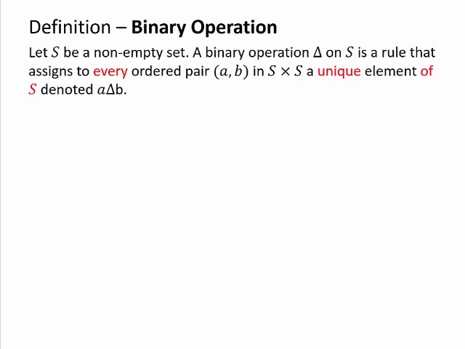The first definition is that of a binary operation. Let S be a non-empty set. A binary operation delta on S is a rule that assigns to every ordered pair A, B in S cross S a unique element of S, denoted A delta B. So what this is saying is that delta is a mapping from the Cartesian product S cross S to S. That's really all we need to say, is that it's a mapping, it's a function.